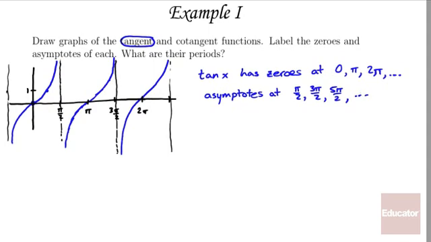Now let me try to graph the cotangent function. Now the cotangent function, remember that's cosine over sine. So that has asymptotes and zeros exactly the opposite of where tangent did.